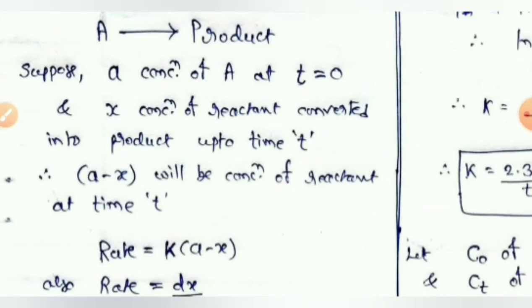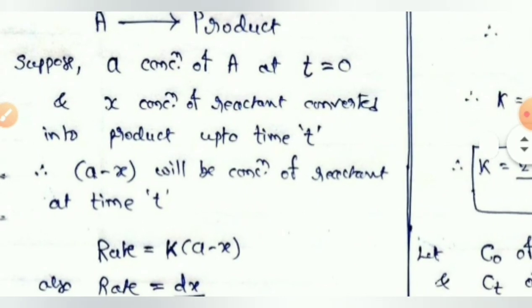As we considered earlier, the reaction in which the molecule A gives product. Suppose small a is the initial concentration of the molecule A, that is at t equal to 0, and suppose x is the concentration of the reactant which is converted into the product in time t.